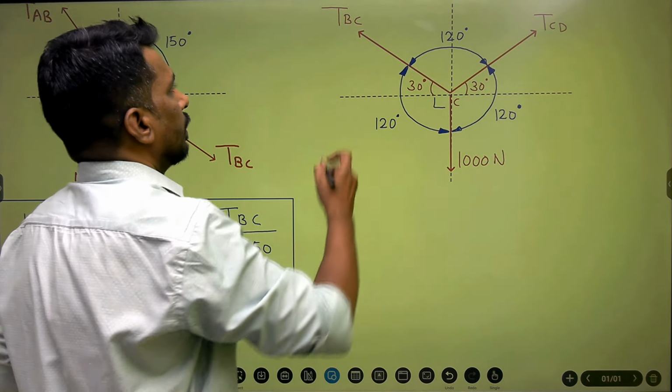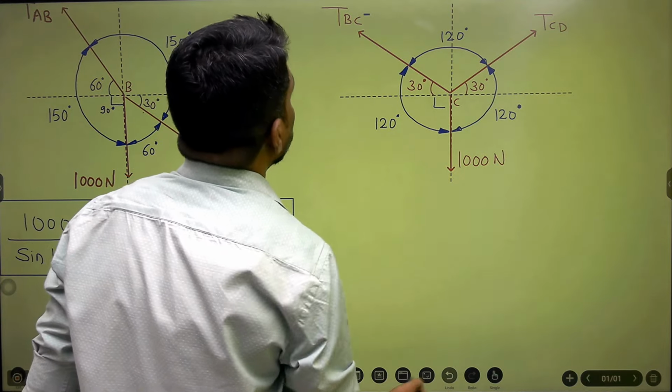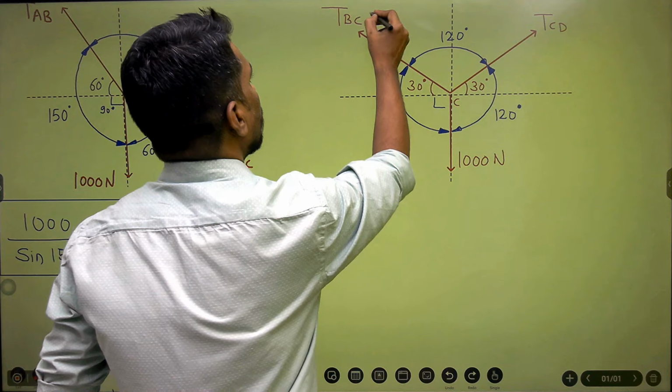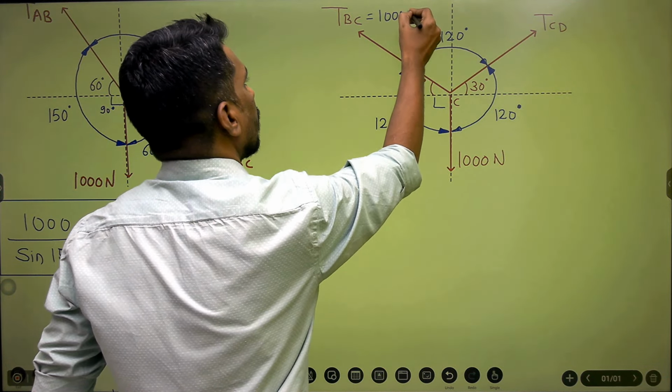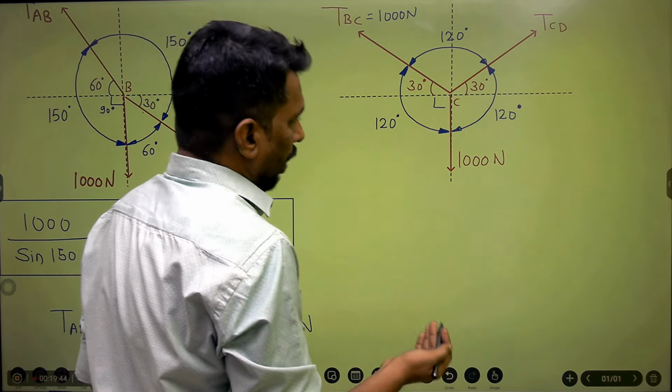I'll mention it over here: this is equal to 1000 Newton. Now I'll apply Lami's theorem with the known value, of course, first.